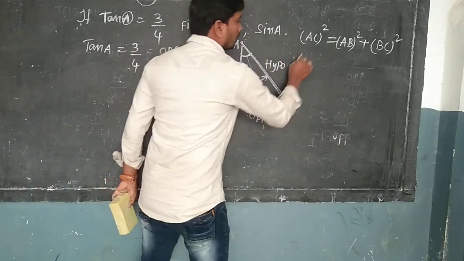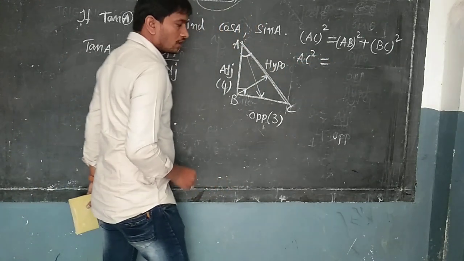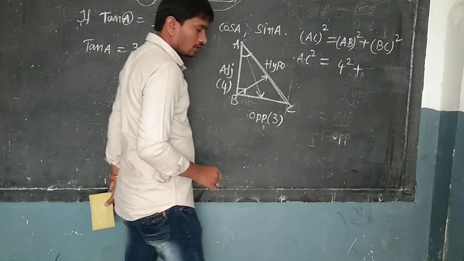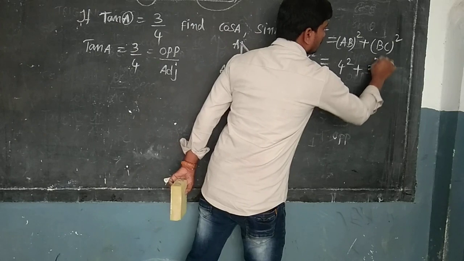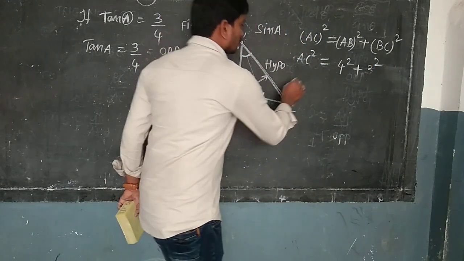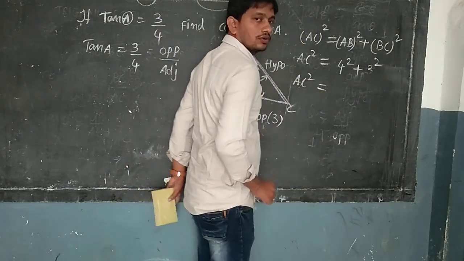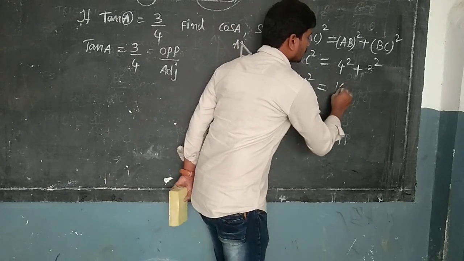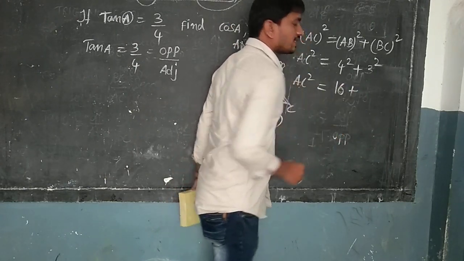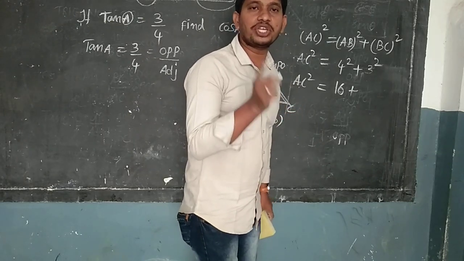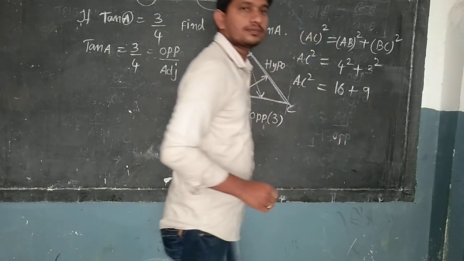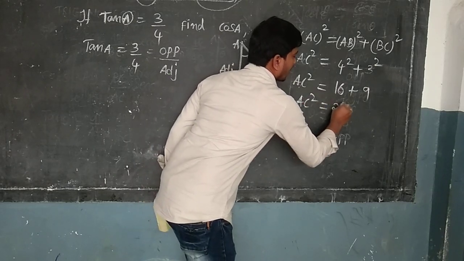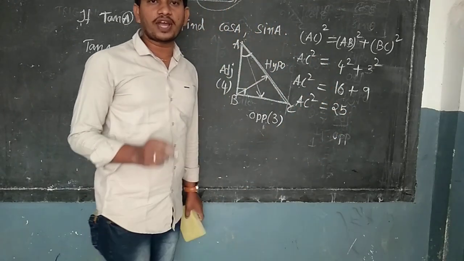So AC square equal to AB value 4 square plus BC value 3 square. So AC square equal to 4 square, nothing but 4 into 4, 16, plus 3 square is nothing but 3 into 3, 9. So AC square equal to 16 plus 9, which is equal to 25.